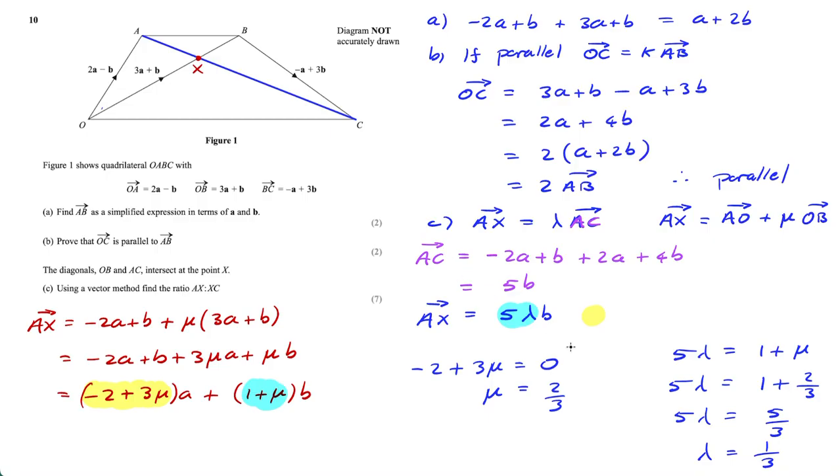So therefore, AX to XC, if lambda's a third, that means this is 1/3 here, and this is 2/3, because that's 1/3 of AC. This is 2/3 of AC. So 1/3 to 2/3, or just 1 to 2.